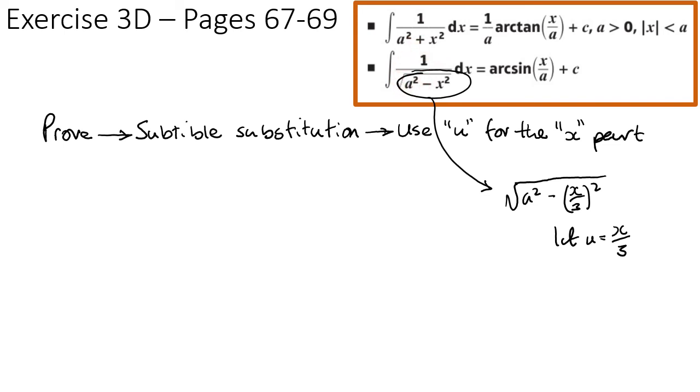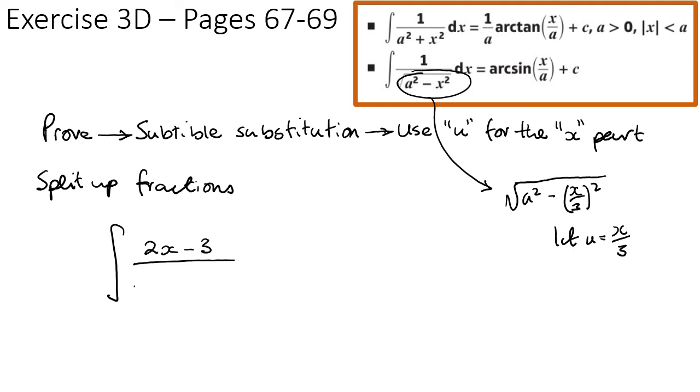It may involve, you may need to split up fractions, which we did on the last example. So if I had, I don't know, let's say something like 2x minus 3 over square root 25 minus x squared dx.